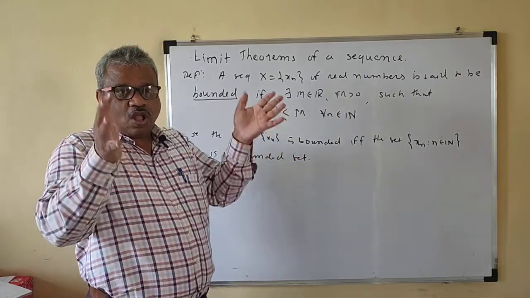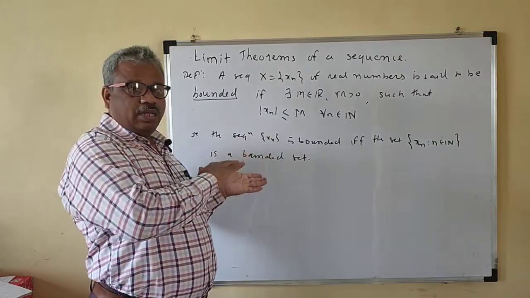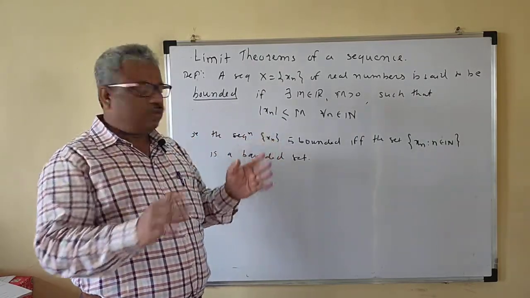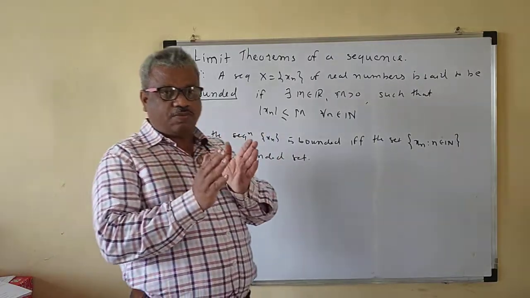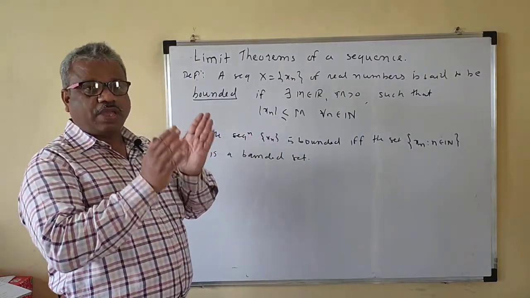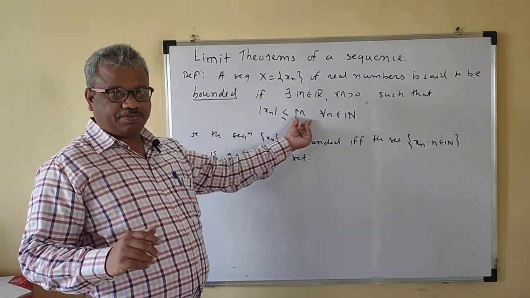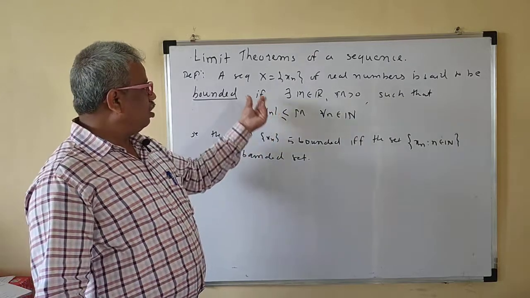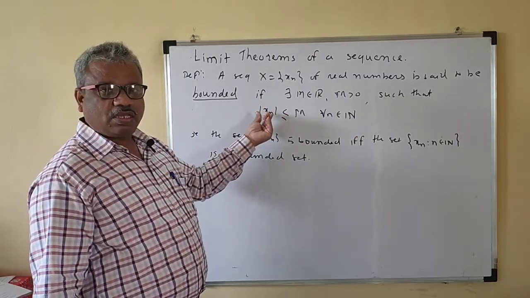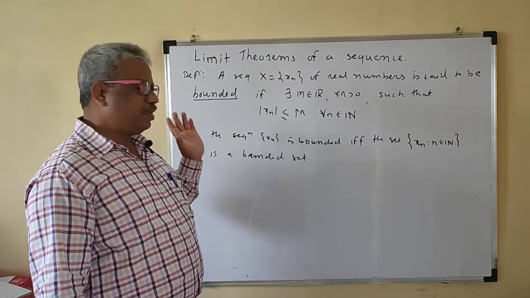Modulus of every term of the sequence is less than a fixed number m. All the terms of the sequence are less than m, then we say that the sequence is bounded.